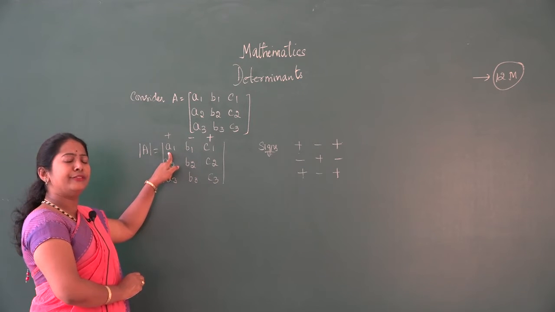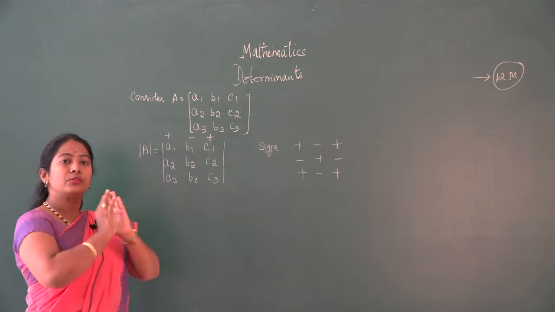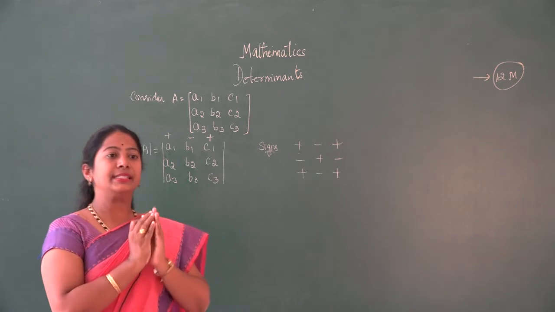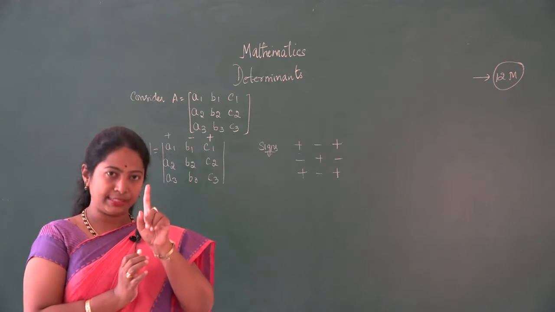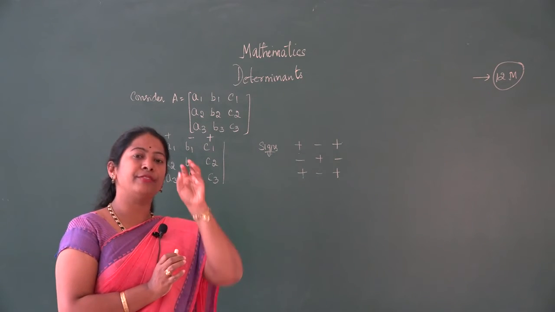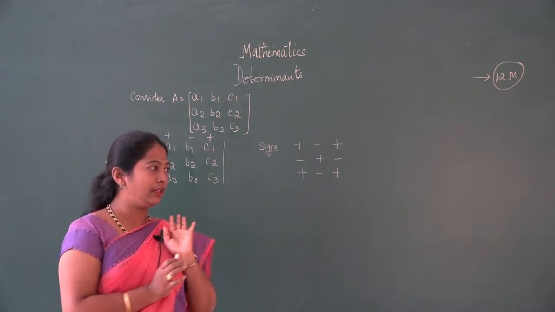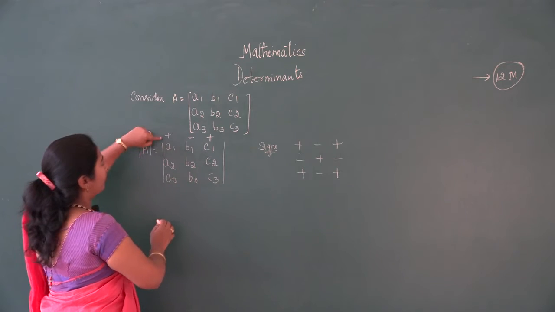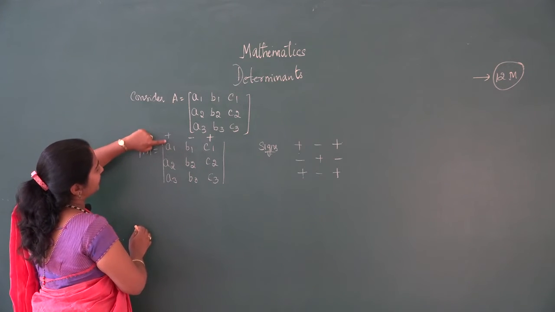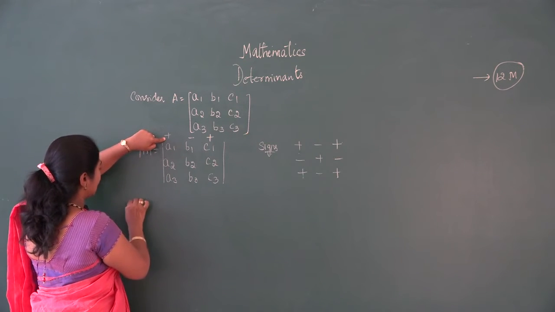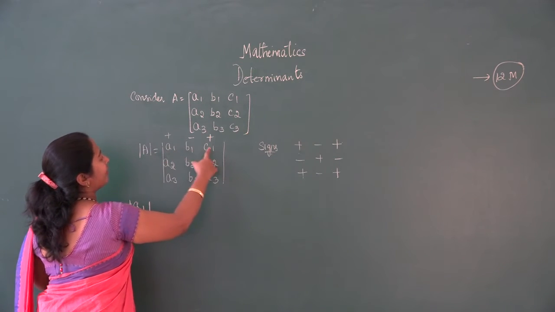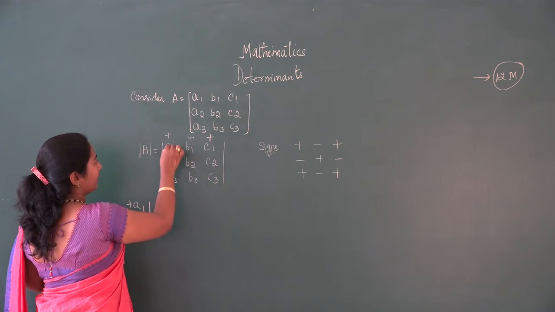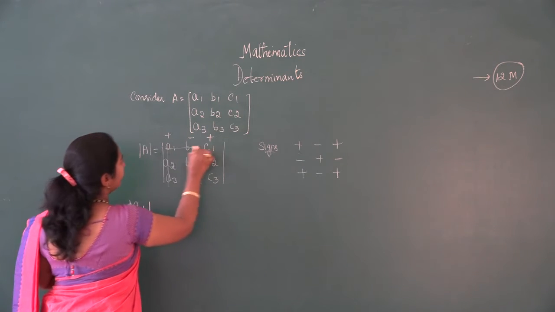When we consider the first element, we are supposed to leave that element's row and that element's column. What is the sign associated with the first element here? Plus. That is plus A1 into, leaving A1's row and A1's column.